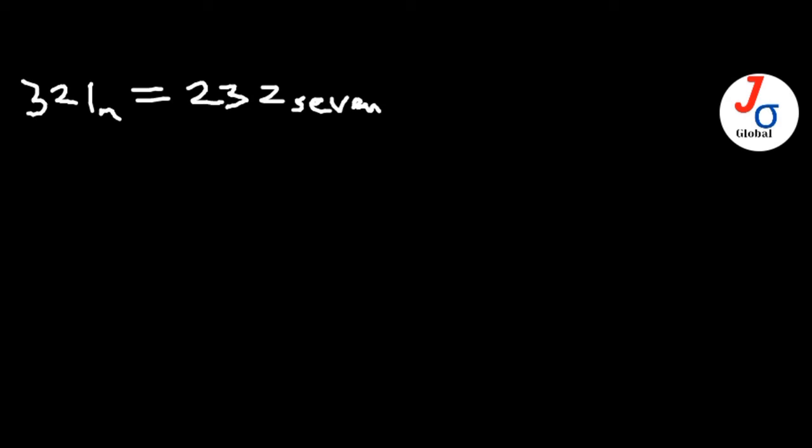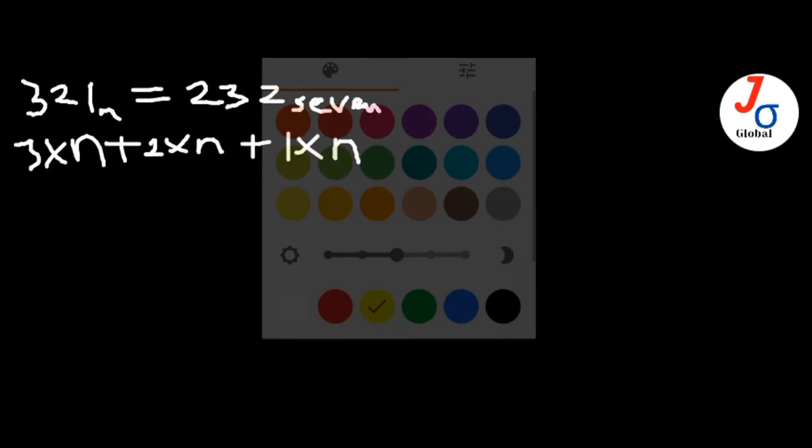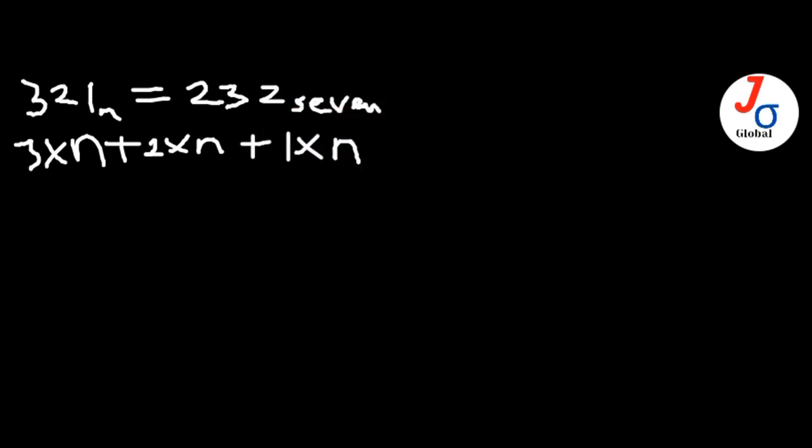So to convert this to base 10, I'm going to have 3 multiplied by the base, which is n, we don't know what that is, plus 2 multiplied by the base n, plus 1 multiplied by the base n. I'm going to give the base's power 0, 1, and 2.